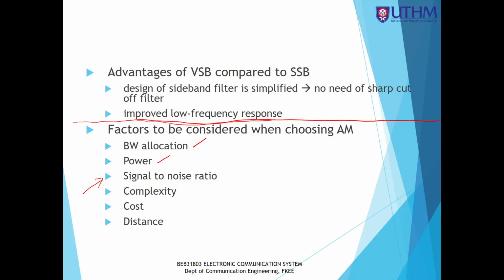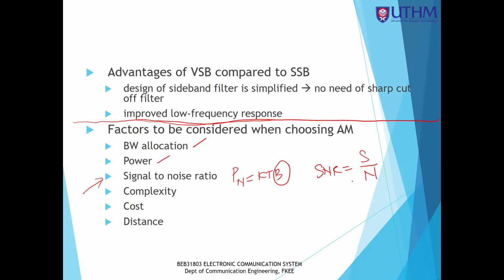Remember that in terms of noise power, PN is equal to KTB. So the higher the bandwidth, the higher the noise power. If the noise power becomes higher, that means the SNR becomes lower. SNR is equal to signal power over noise power.